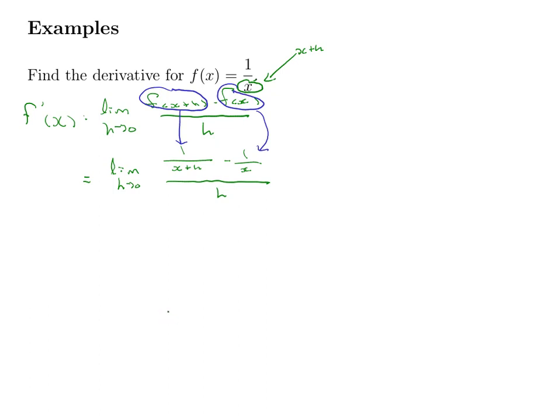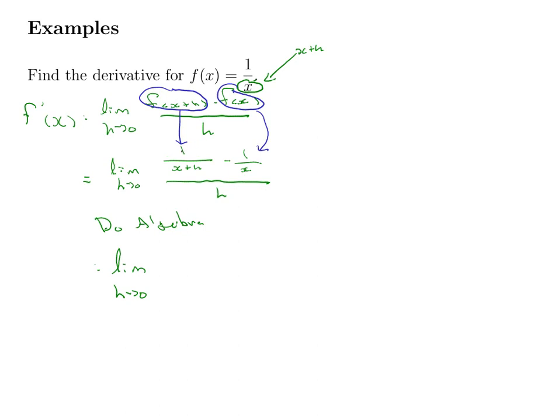At this point, we'll notice that if you plug 0 in for h, you get 1 over x minus 1 over x, which is 0, over h, which we said was 0. You're going to get 0 over 0, that indeterminate form, which, if you remember, means that we have to do algebra. So far what we've seen is that we can factor things and do stuff like that. The algebra that we're going to do here is going to be a little bit different. We're going to add the fractions on the top together by using a common denominator.